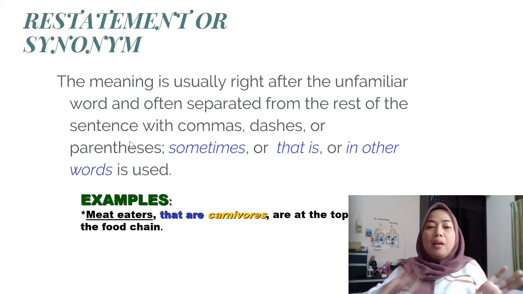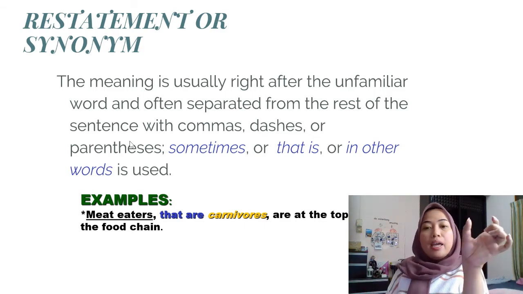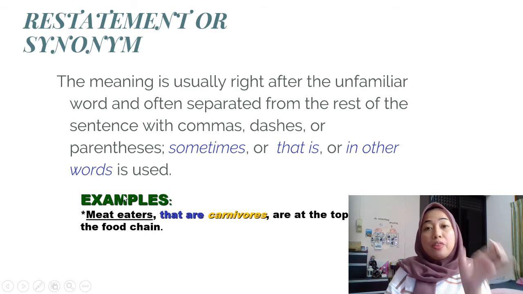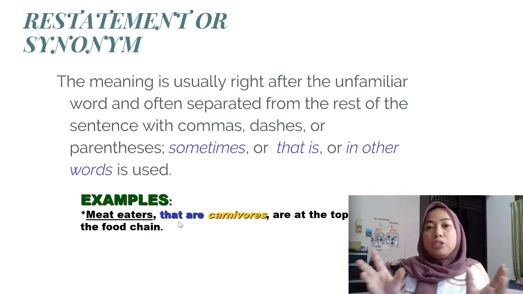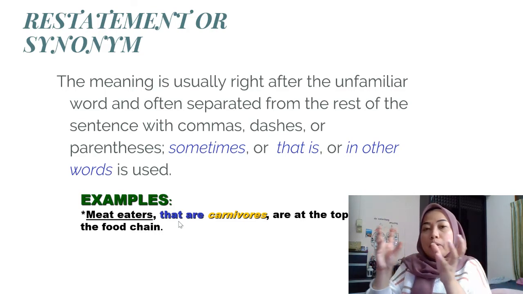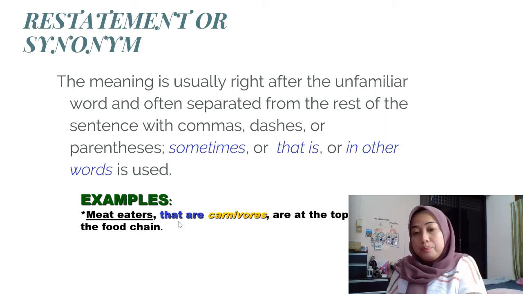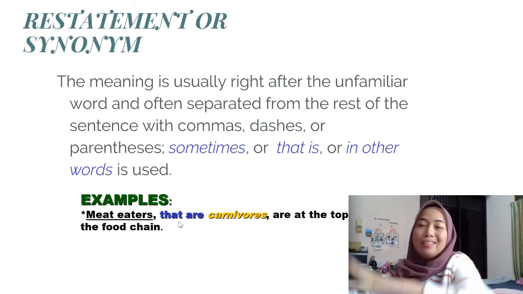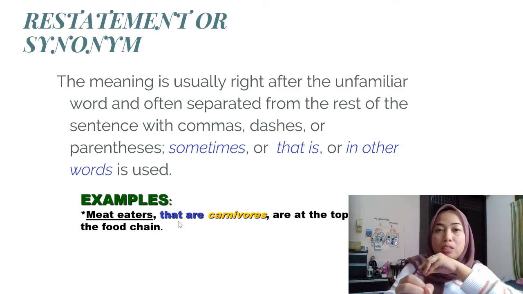So you can say meat eaters, that is the synonym of carnivores. And as you can see here, that is actually a linguistic clue to go back again, the definition or the restatement of synonym with the word that you want to refer to. Or on top of the food chain is basically the rest of the sentences. You see how we did here?